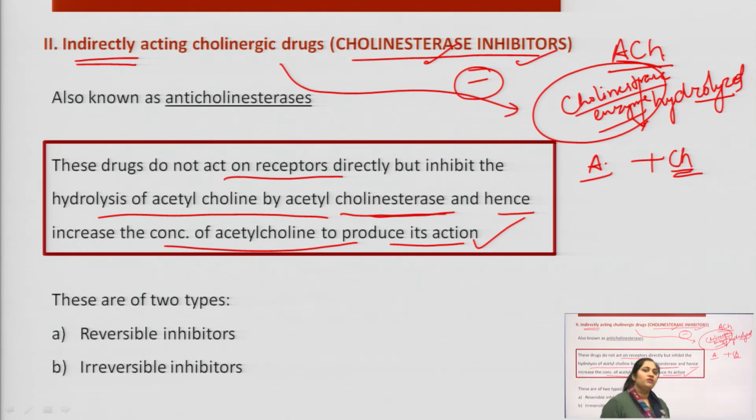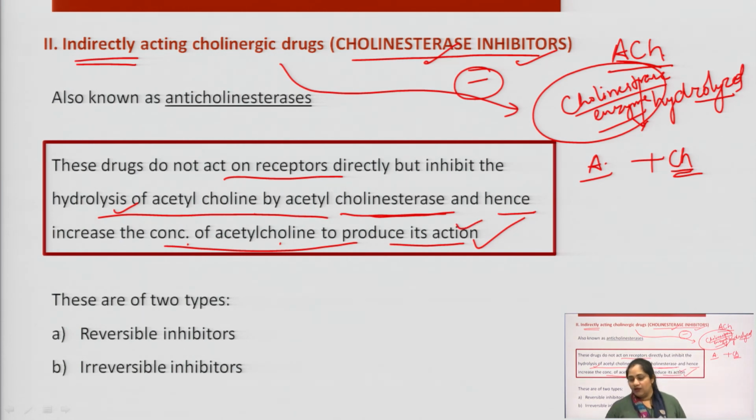We will inhibit the action of the cholinesterase enzyme, which is known for its hydrolytic property on acetylcholine. After the inhibition of hydrolysis of acetylcholine, the concentration of acetylcholine will increase and it will produce its action.